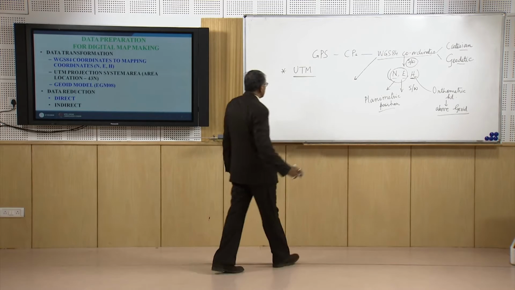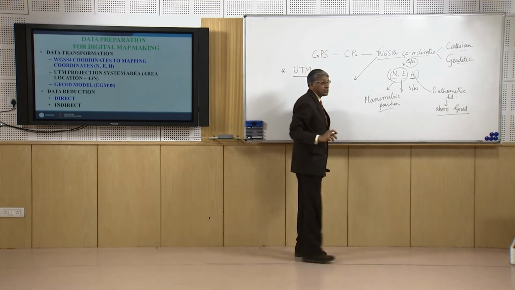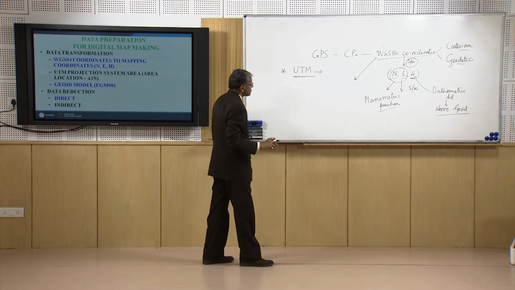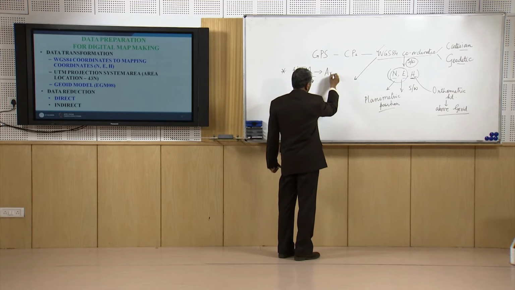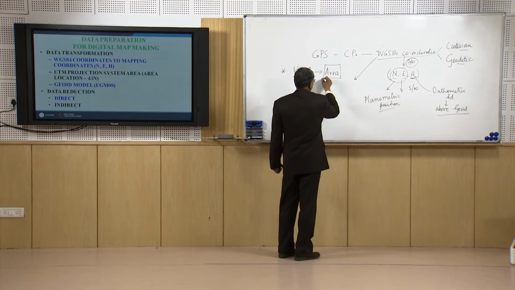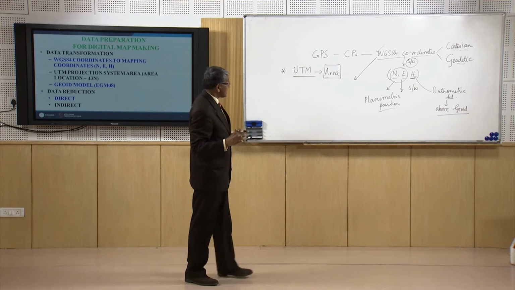So UTM is the default because we have taken the data from the WGS 84 coordinate system, and also we need to define the area for which we would like to transform the data.